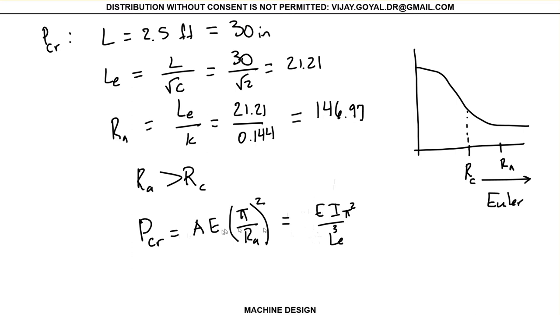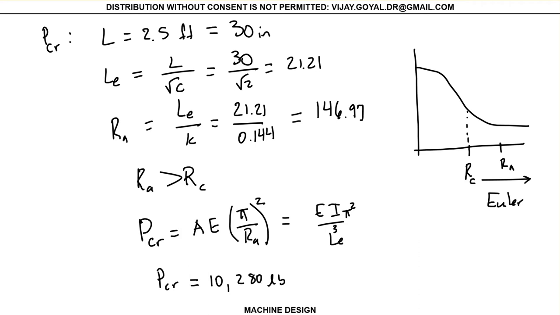So these two expressions are completely equivalent. You can use either one of them, but since I already have my actual slenderness ratio, this becomes way more convenient. That gives you 10,280 pounds. So this is the critical load, the maximum possible load your problem can have.